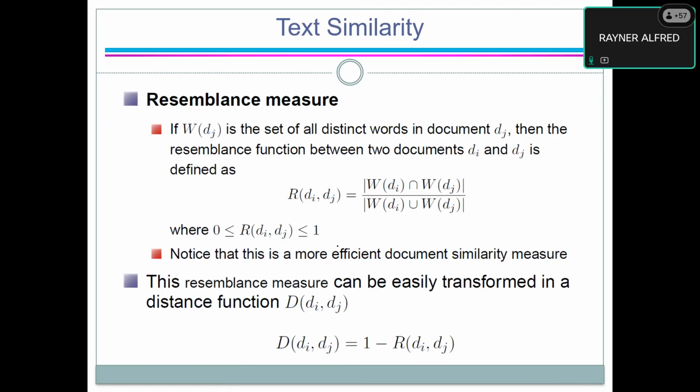The similarity between the documents, or the resemblance, can be defined as the number of words that are similar between two documents divided by the number of unique terms that we have in the documents.